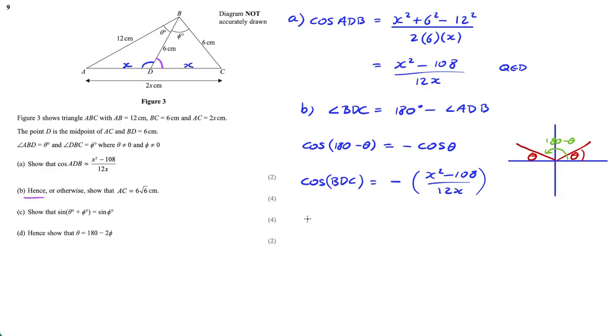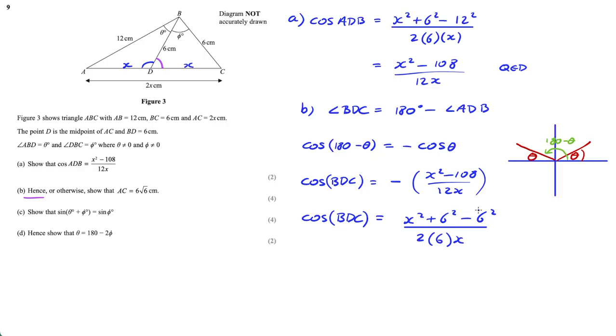Okay, and then we can get cos of BDC using, again, the cosine rule. Cos of BDC is equal to this squared plus this squared minus this squared, x squared plus 6 squared minus 6 squared over 2 times 6 times x.